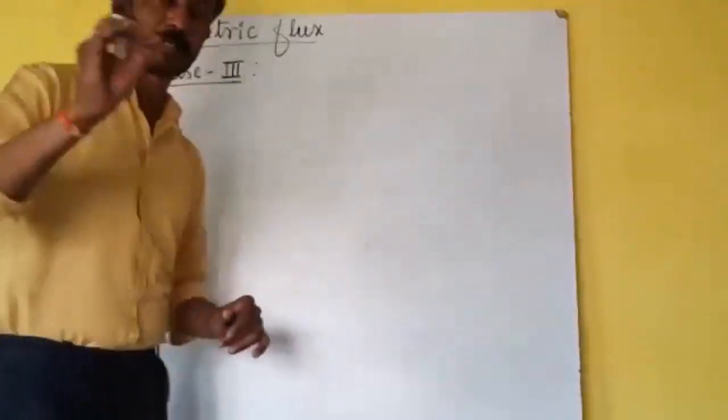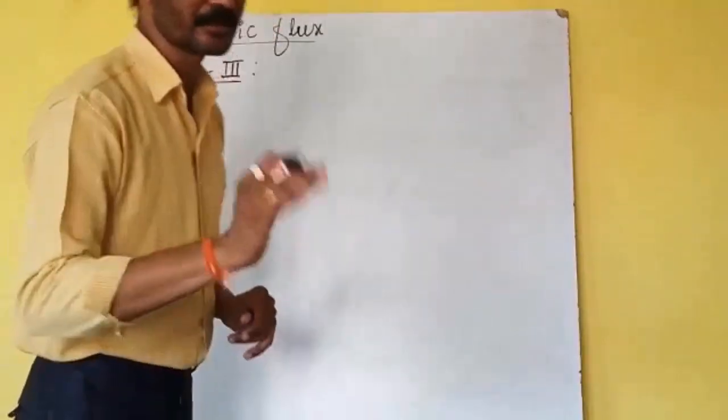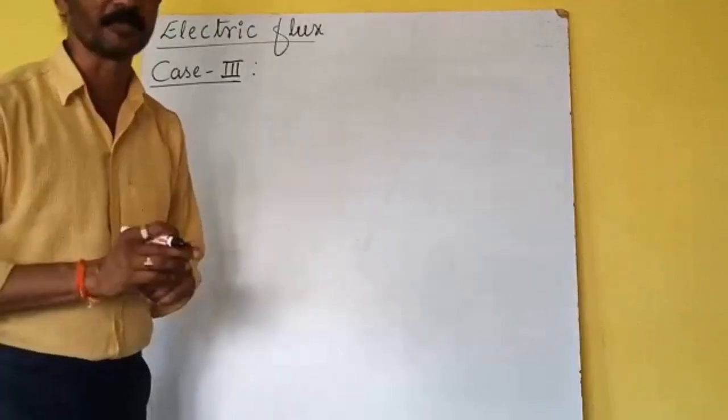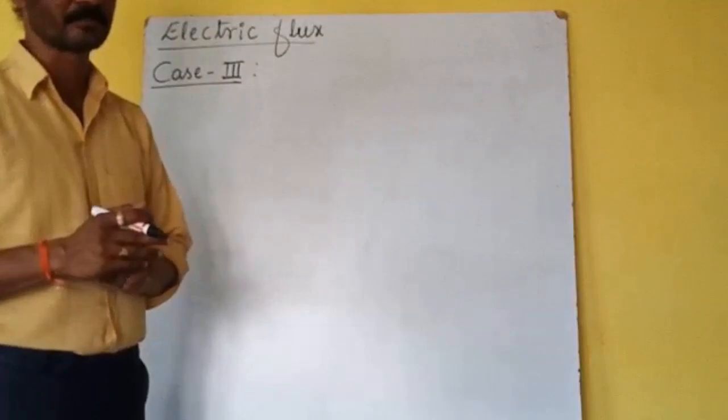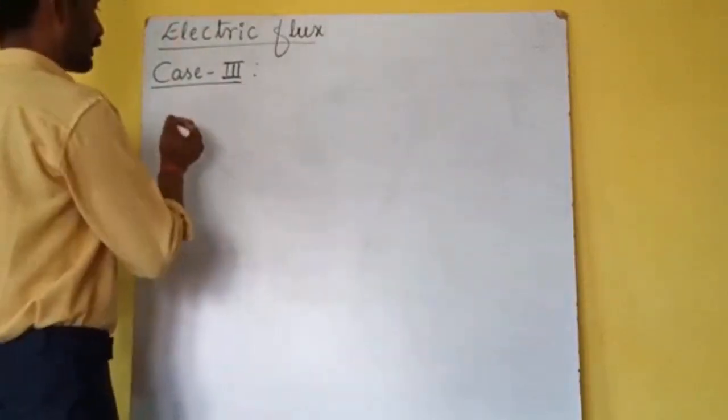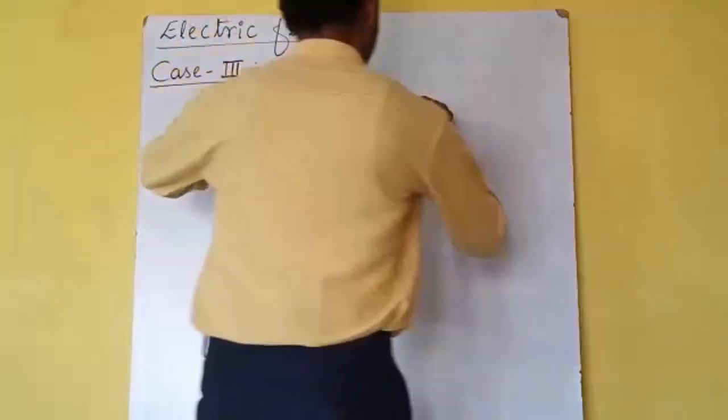So here the electric field makes an angle of 90 degree with the normal drawn to the area element or area vector. In this case, the electric flux, first see the figure.